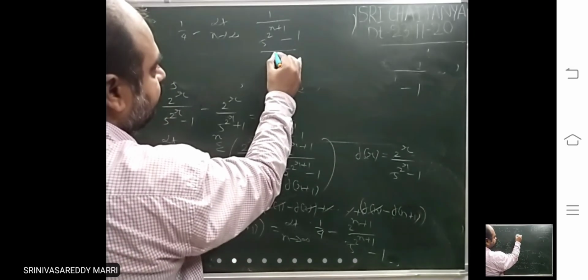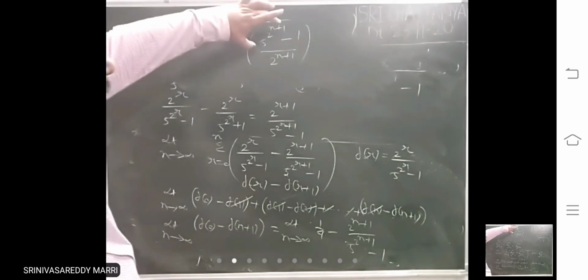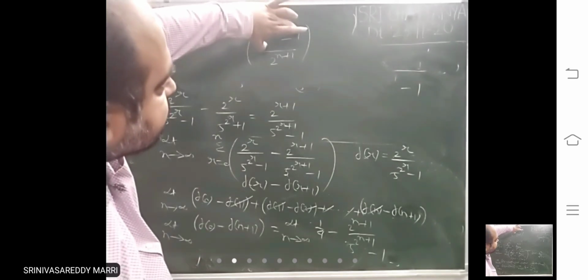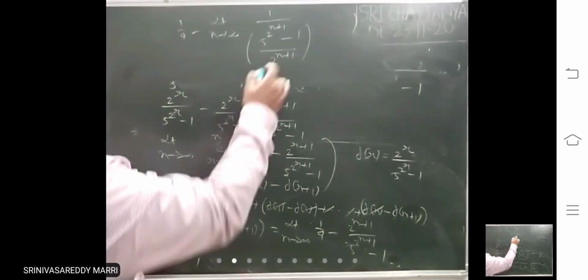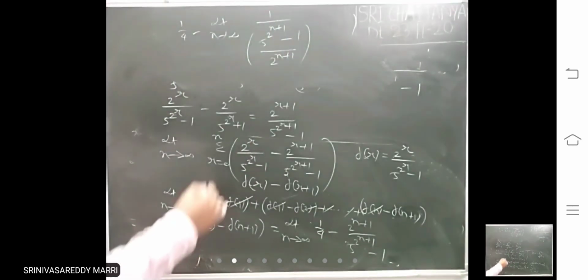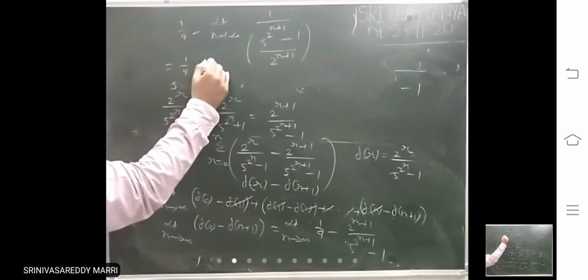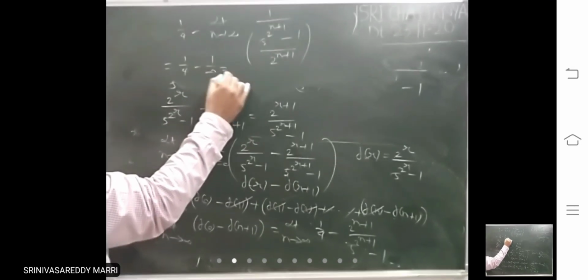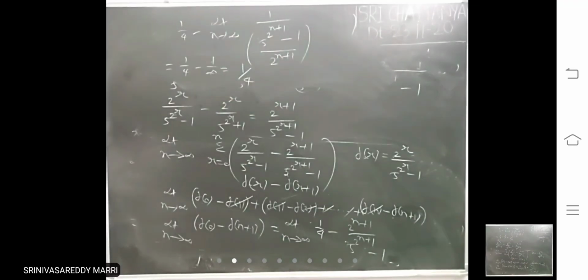Clearly, the denominator is larger than the numerator. If n keeps on increasing, the denominator will become infinity. So 1 by 4 minus 1 by infinity, that means this will become 0. The answer is 1 by 4. Like that.